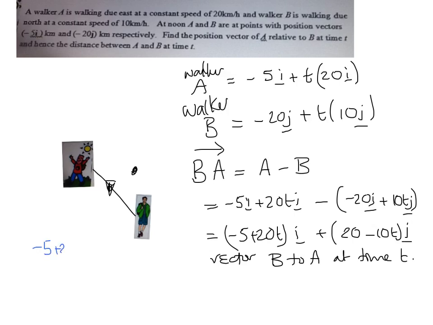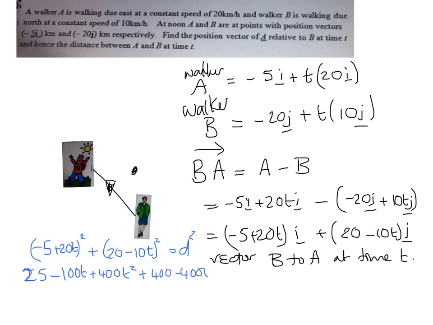So that is minus 5 plus 20t squared plus 20 minus 10t squared. And that would be the distance squared, square rooted would be the distance. I'll just expand that out. So we get 25 minus 100t plus 400t squared plus 400 minus 400t plus 100 is d, distance squared.